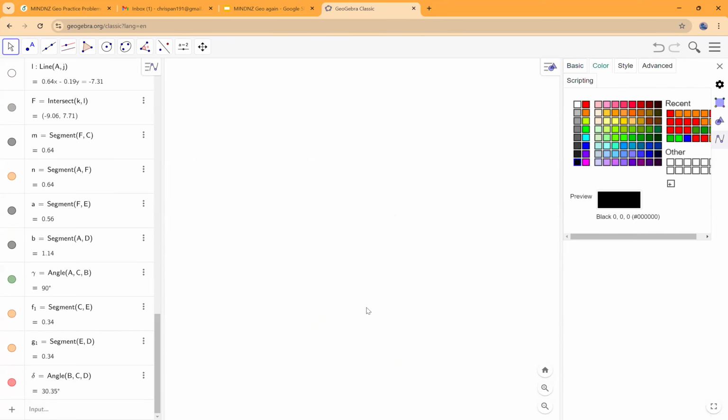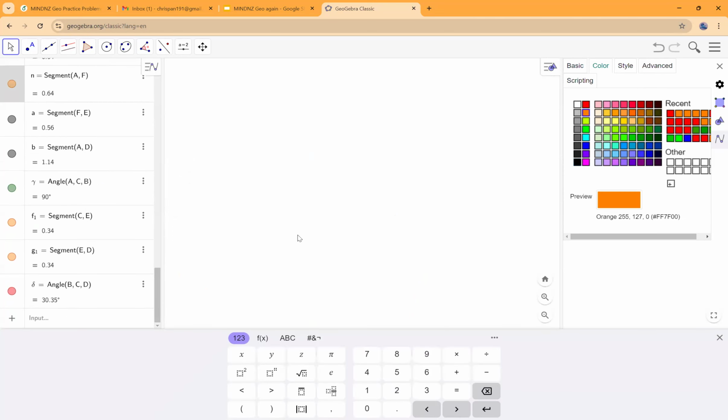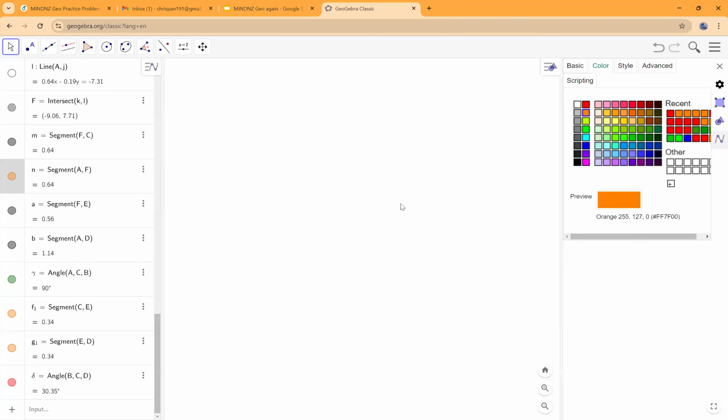Oh sorry, wait, where was the diagram I had? Where the hell did everything go? Hold on. Wait a minute, how did I just lose everything?